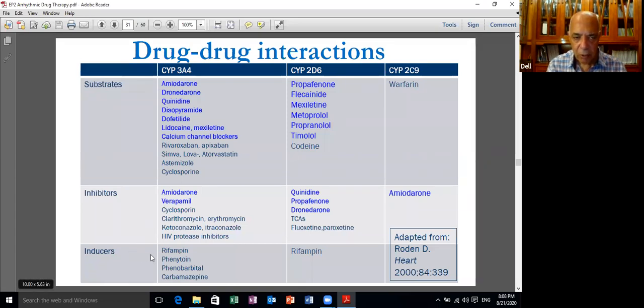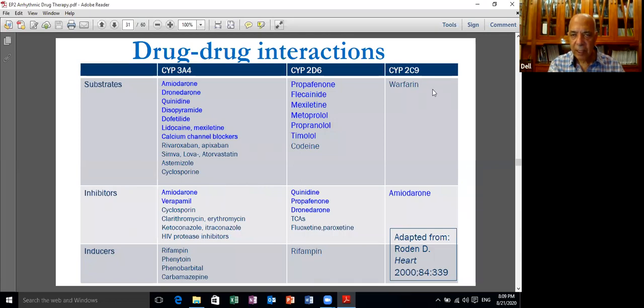And the inducers, which are essentially the anti-epileptics, are inducers of the enzyme, so they decrease the level of the drug. And this applies to these drugs. You need to review this table just before sitting the exam, because this is unfortunately cumbersome and is a topic which is examined frequently.